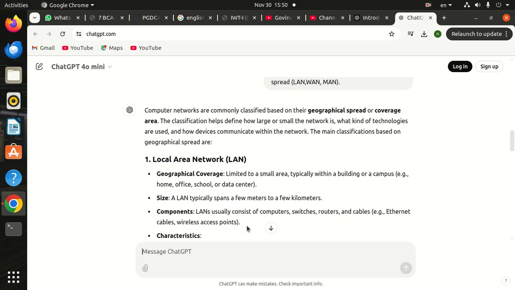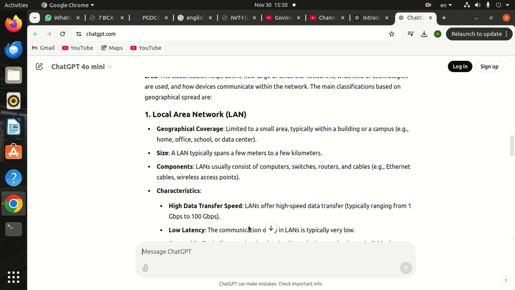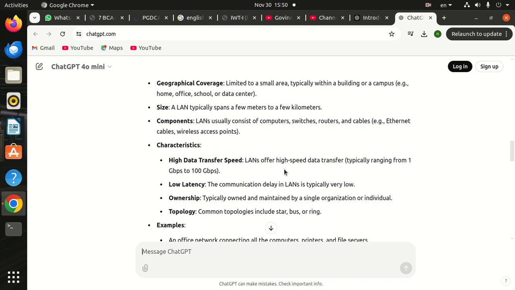The main classifications according to the geographical area are local area networks, you can also say LAN. Geographical coverage is limited to a small area, typically within a building or a campus. For example, our computer lab. Size: a LAN typically spans a few meters to a few kilometers. Components: a LAN usually consists of computers, switches, routers, cables, for example Ethernet cable, and wireless access points.